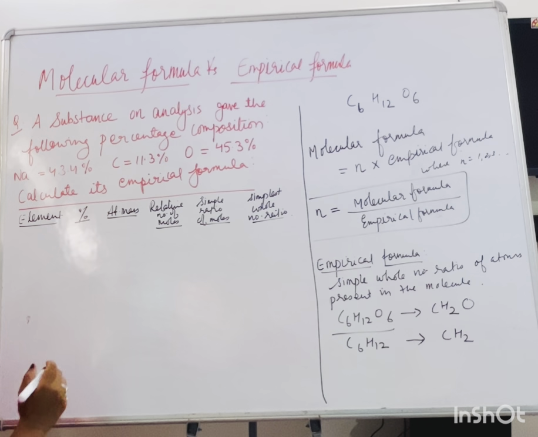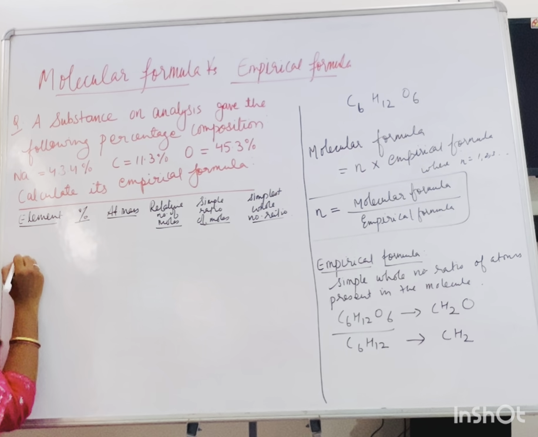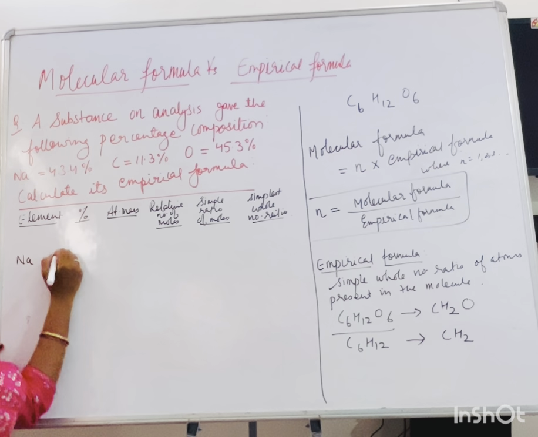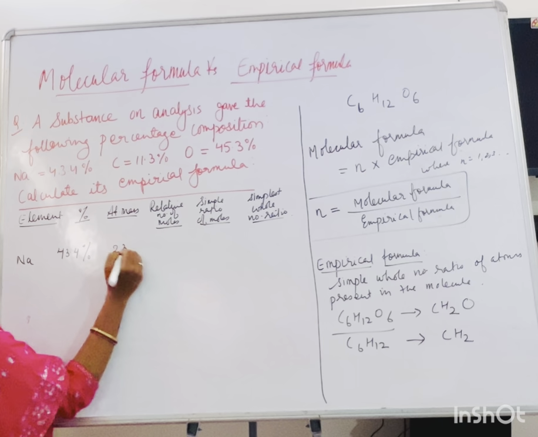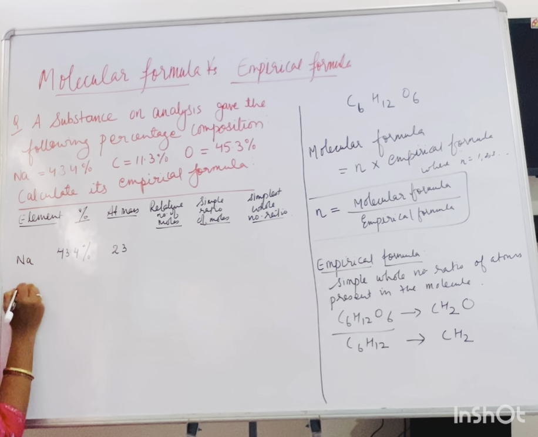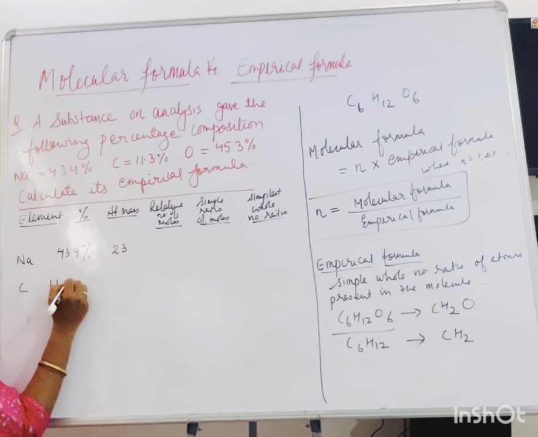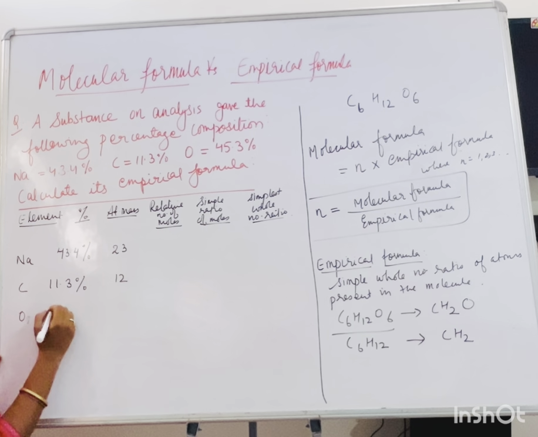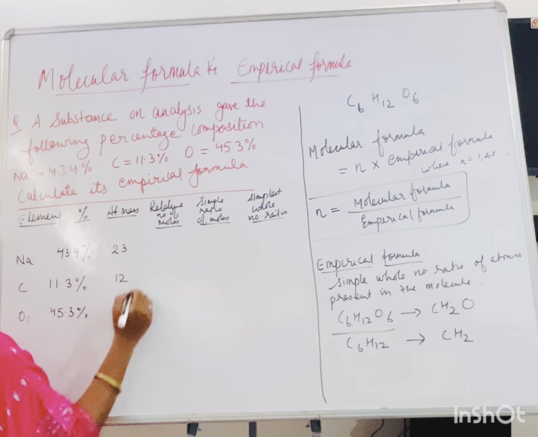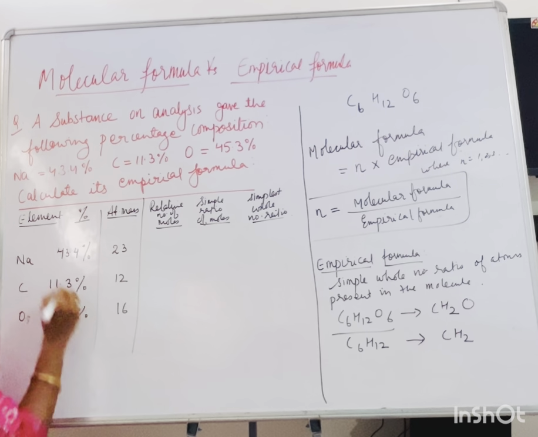So what are the elements given to us? Sodium, which is 43.4%, atomic mass is 23. Then we have carbon, which is 11.3%, atomic mass is 12, and oxygen, which is 45.3%, having atomic mass 16.